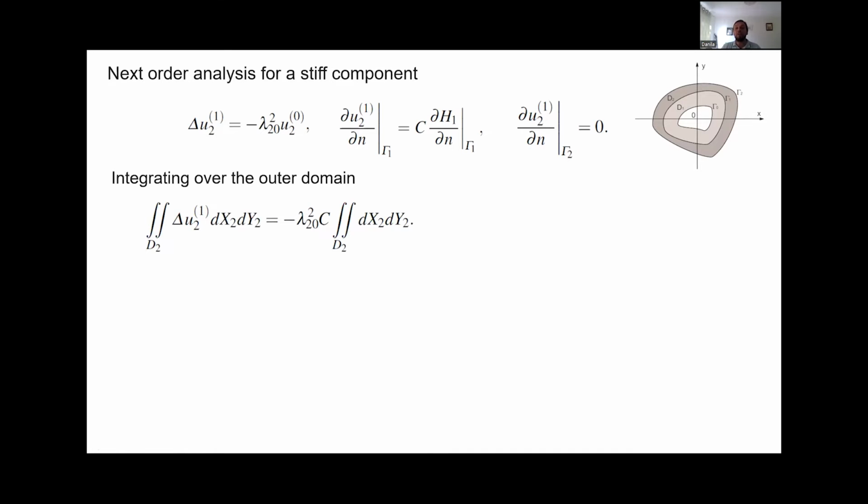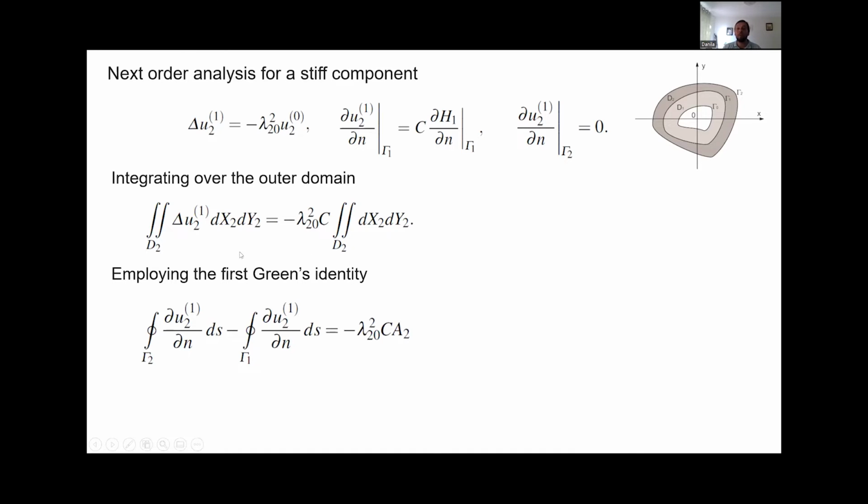So we are integrating over this stiff domain. We integrate the equation of motion. And for the left-hand side, we are employing the first Green identity, and so we are reducing it to the boundary and looking at the boundary condition.